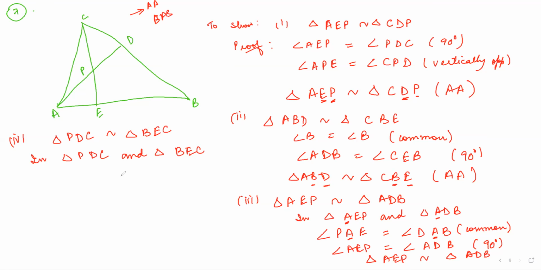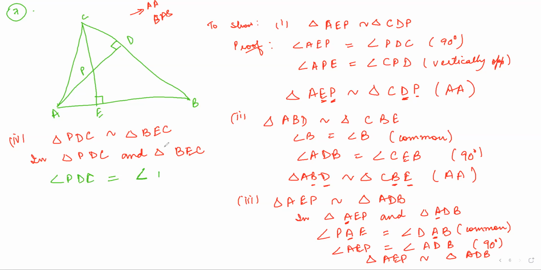All right. So Martin, in triangle PDC, where is PDC and BEC? PDC is on top and BEC is below. So now tell me PDC, that means this angle I need. So I'll name it angle PDC is equal to which angle? PEB.